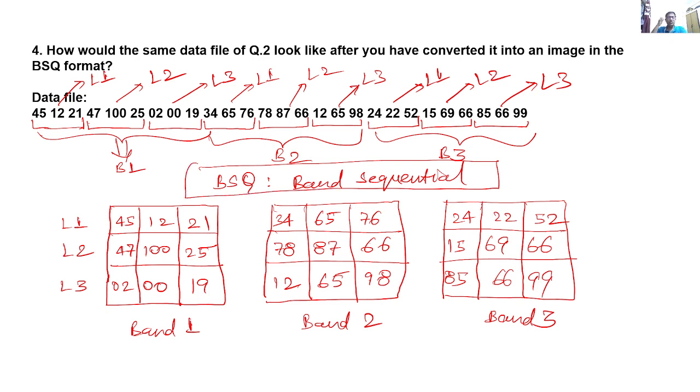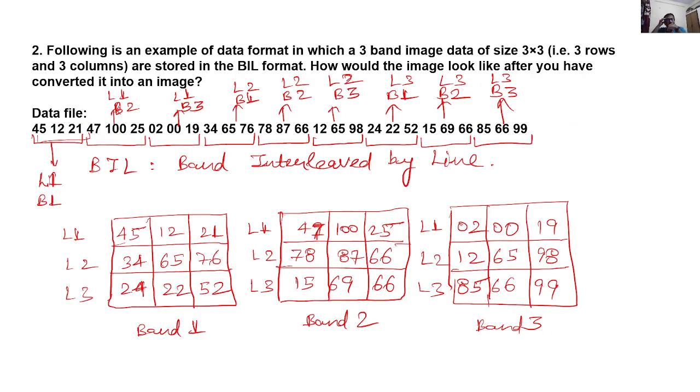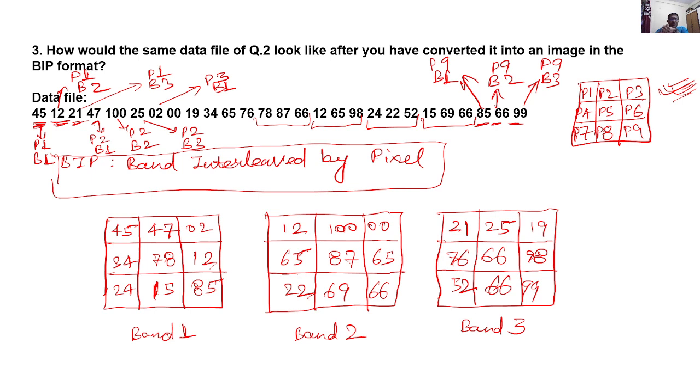So we saw the 3 classic ways of storing data. The first one is band interleaved by line. Just like the name suggests, there is L in this word. L stands for line. So we are filling up each line of each band first. The next one is band interleaved by pixel. So we are filling up each pixel location first of each band. Then we are moving into the next pixel location of those bands, and so on and so forth.